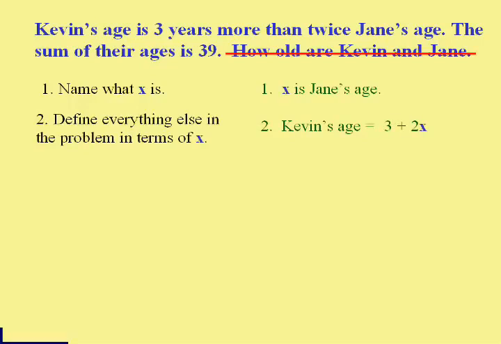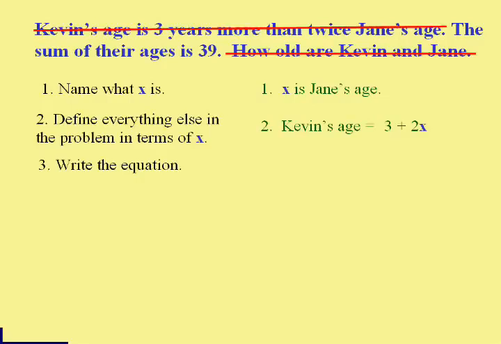That would be 3 more than twice Jane's, and I'll cross that out. Now, there's only 2 people in this problem, Kevin and Jane, so I guess I'm done with steps 1 and 2. If there was a Tom, I'd have another person to put in step 2, but I don't.